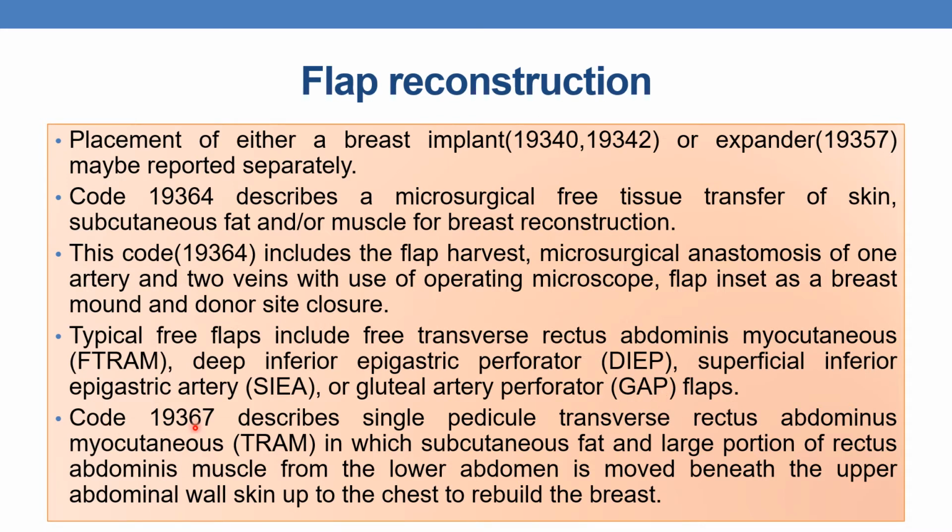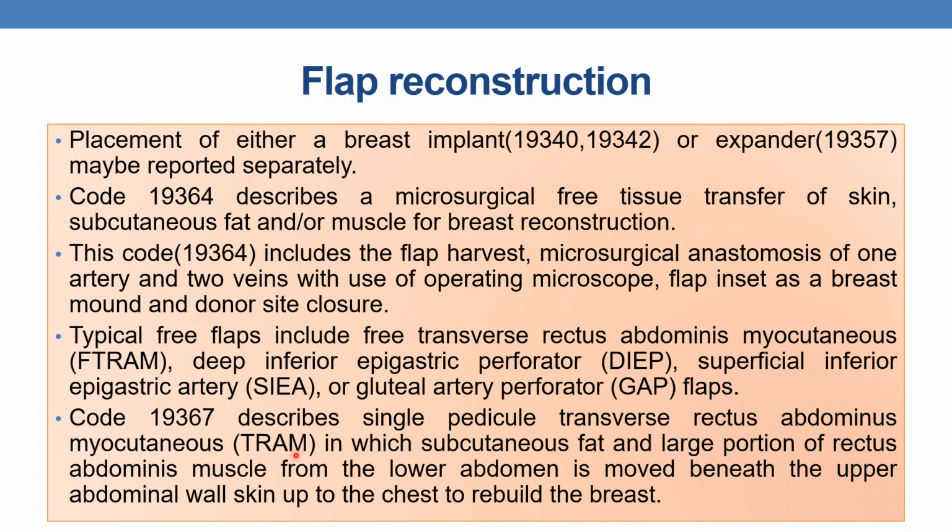The code 19367 describes single pedicle transverse rectus abdominis myocutaneous (TRAM), in which subcutaneous fat and a large portion of the rectus abdominis muscle from the lower abdomen is moved beneath the upper abdominal wall skin up to the chest to rebuild the breast.